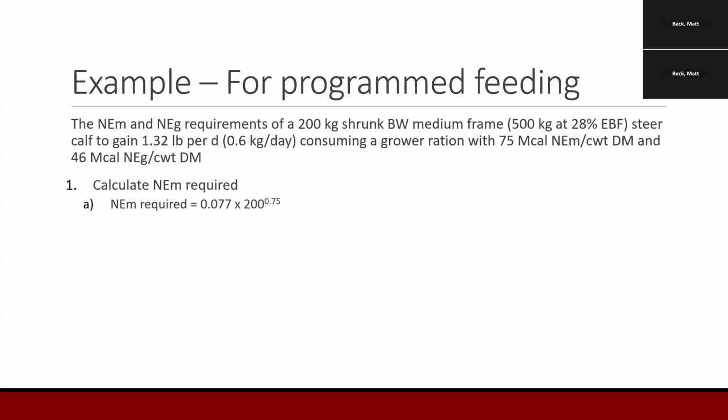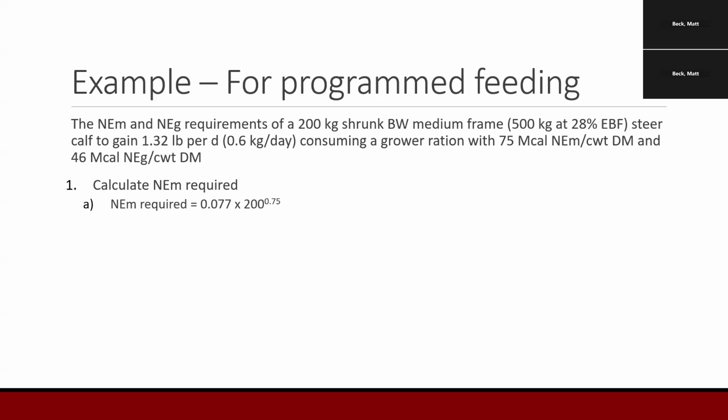Step one, so in this example, we have a 200 kilogram shrunk body weight, medium frame. So we'll weigh 500 kilograms at 28% empty body fat. It's a steer. So we want it to gain 1.32 pounds per day, which is 0.6 kilograms per day. It's consuming a grower ration that has 75 megacals of NEM per 100 weight.